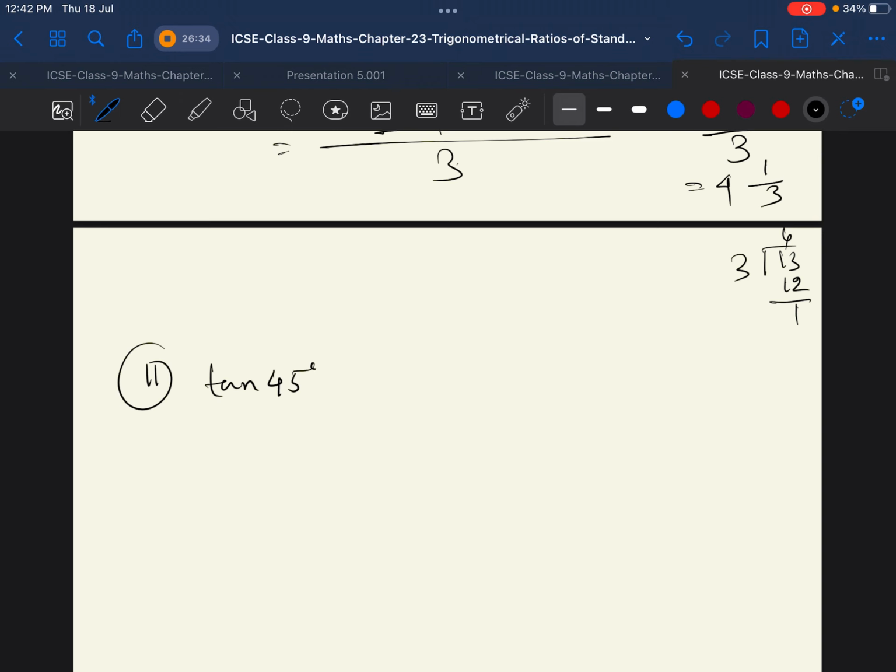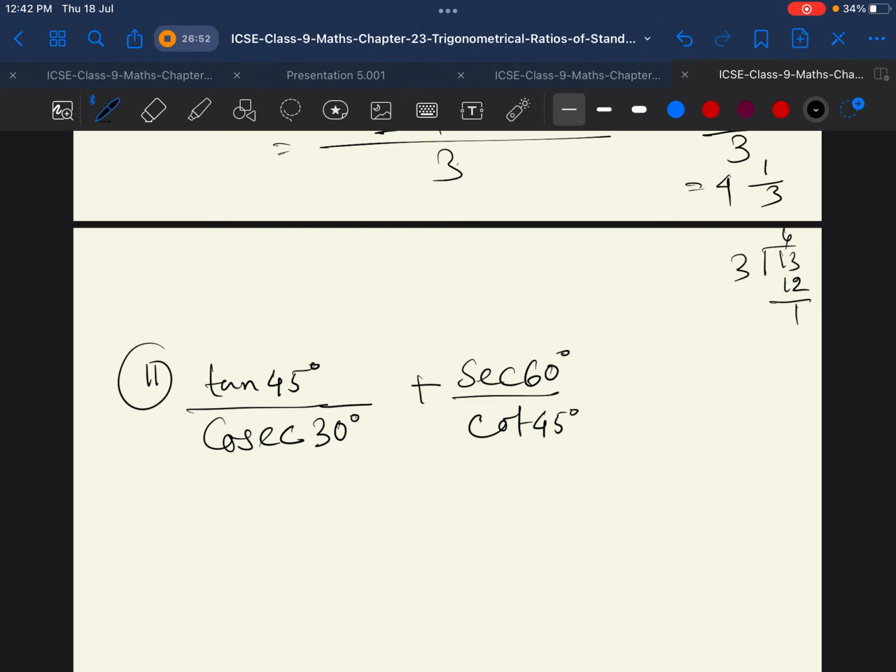Now question number 2. Tan 45 degree by cosec 30 degree plus sec 60 degree by cot 45 degree minus 5 sin 90 by 2 cos 0 degree.